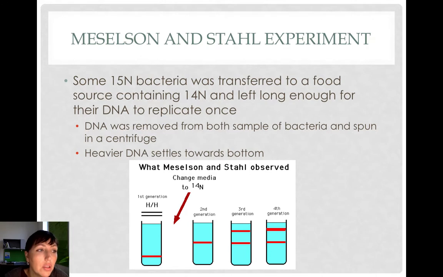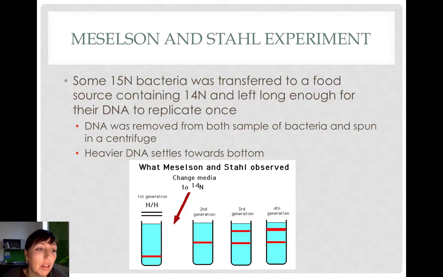This rules out the conservative replication model, which would predict that both heavy density DNA and light density DNA would be present, but none of intermediate density. This result is consistent with the semi-conservative replication model, which predicts that all DNA molecules will consist of one 15N strand and one 14N strand. It's intermediate, so it's not all heavy, not all 15N, and not all light, not all 14N. It's intermediate between the two.